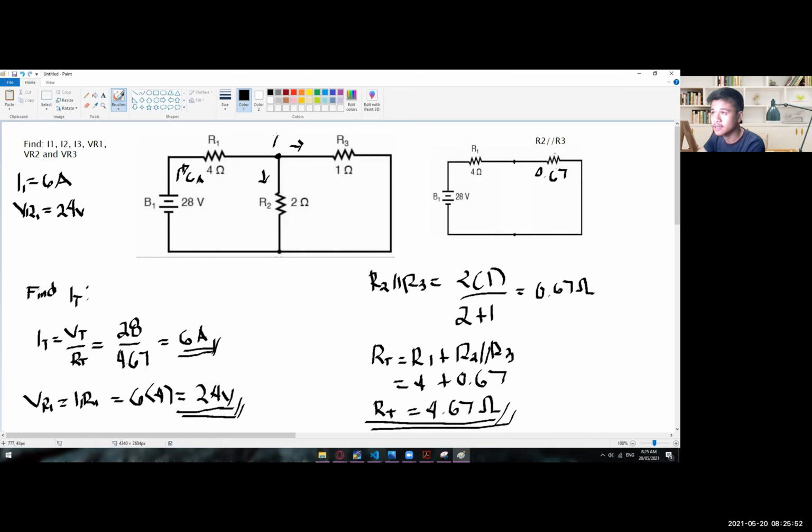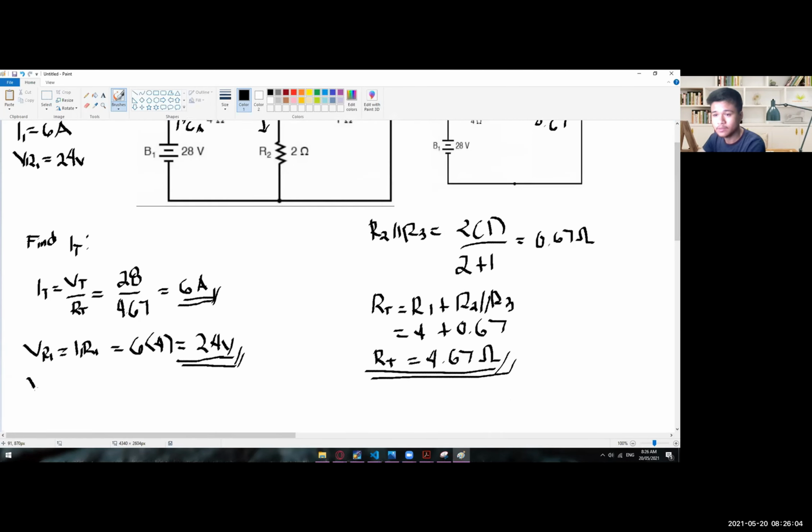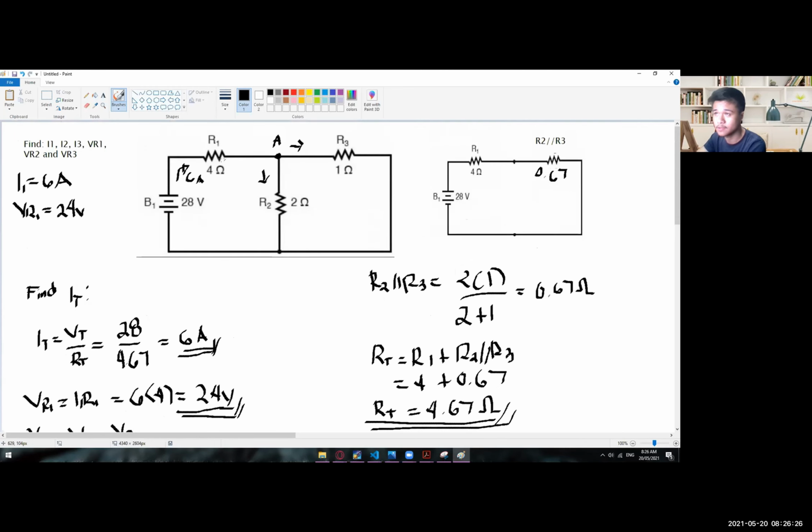So we could say that this is our node A. In order for us to get the voltage that is remaining after passing through this R1, we could say that VA, or voltage at node A, is equal to total voltage minus VR1, wherein VT is 28 and then VR1 is 24. We will get 4 volts as our potential voltage after passing through this voltage drop. So that is why this node A is equal to 4 volts.